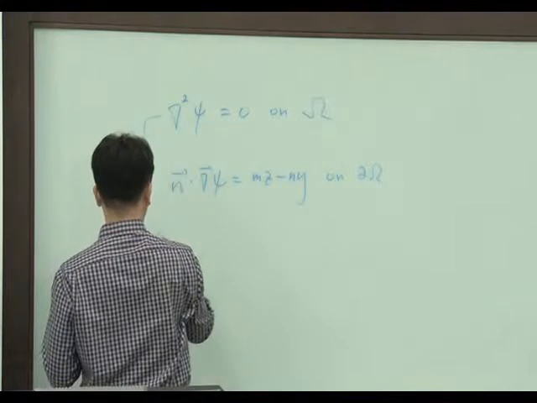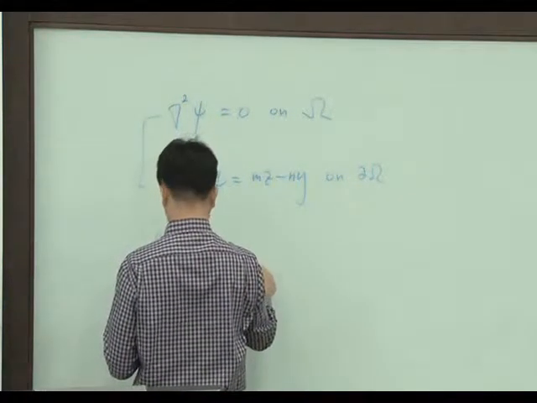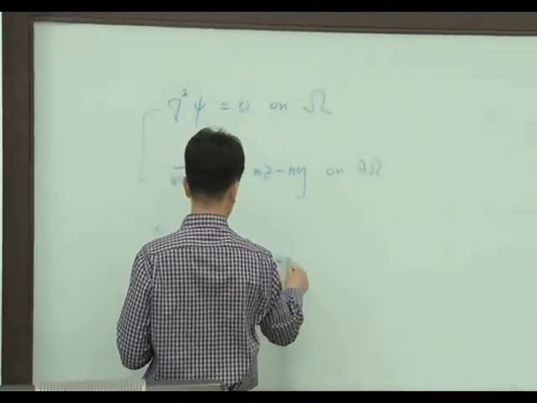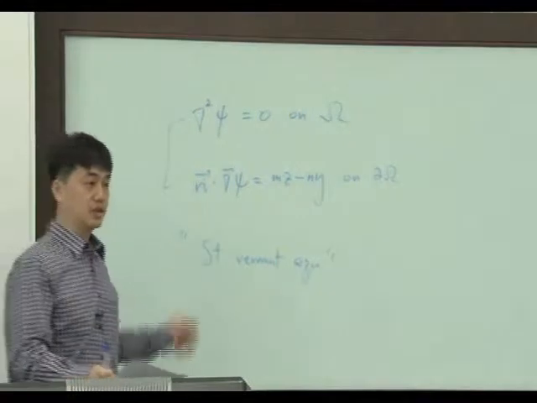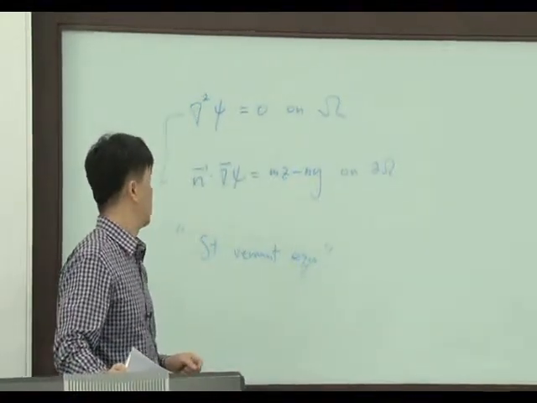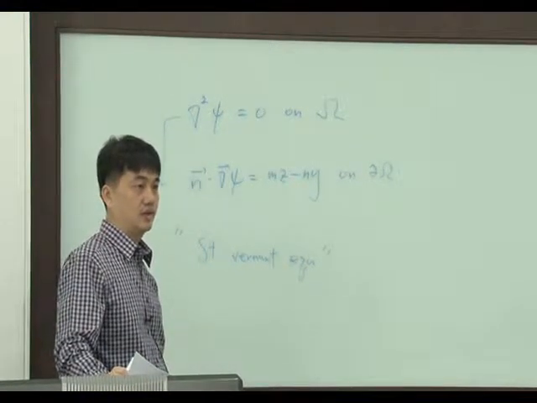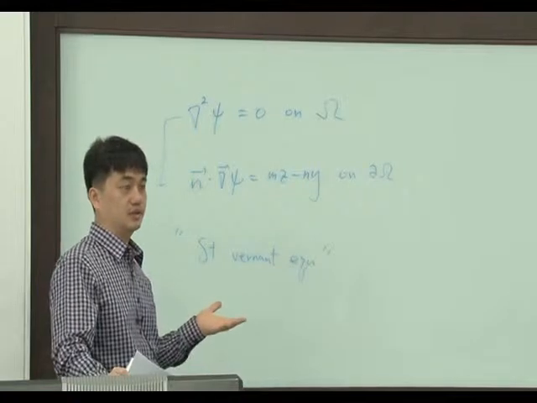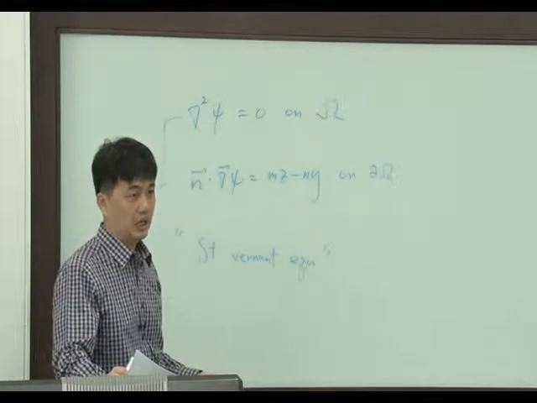This is a well-known Saint-Bernard equation. So if we solve this Saint-Bernard equation, we can find out the warping function. Then we can calculate the stress, strain, and also stiffness of bar.